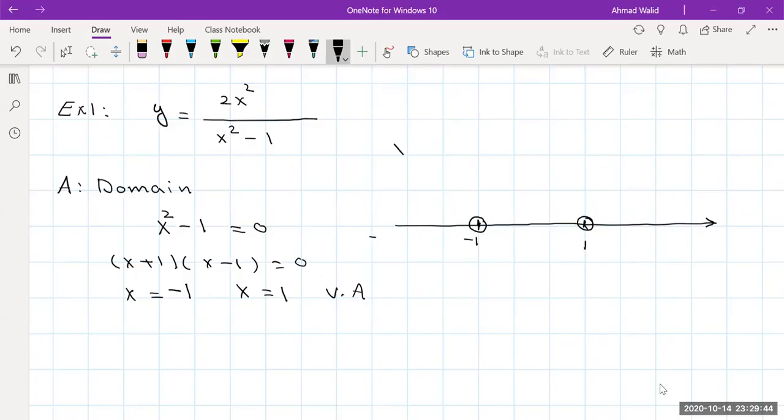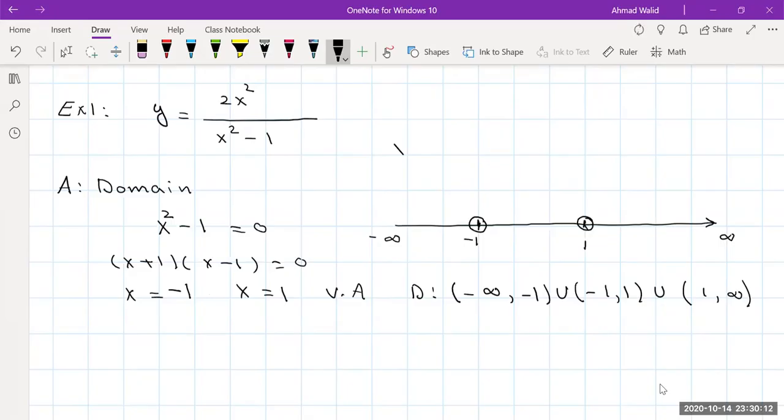Now you see this number line helps me so much to write my domain. Then what is the domain of this function? It starts from negative infinity to negative 1, union from negative 1 to 1, union from where? From 1 to infinity.